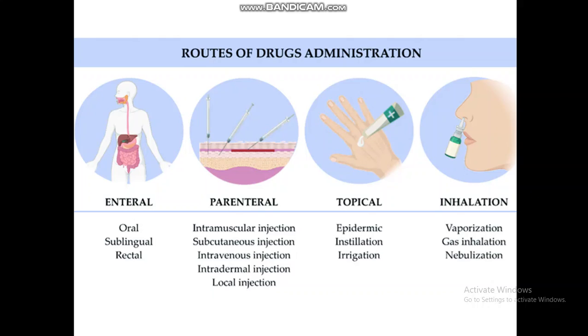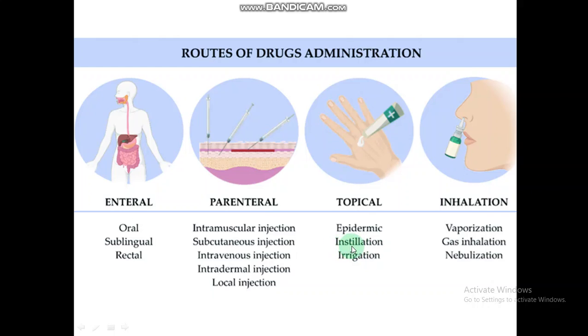Like here we have shown in the diagram, local administration means that it is directly applied to the target. So it may be epidermic. Instillation means the pouring of a drug drop by drop, like we pour eye drops.